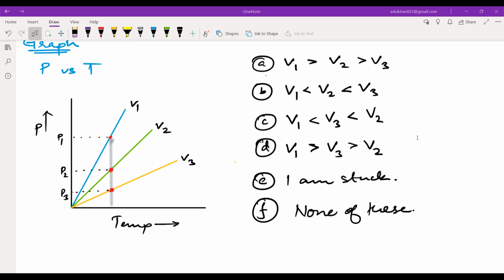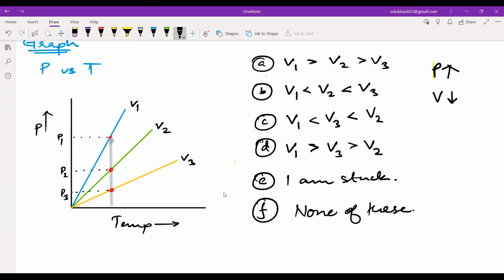Just do the opposite now because it is inversely proportional. Abdul Wahid, if pressure is high, volume will be high or low? Volume will be low. Okay.